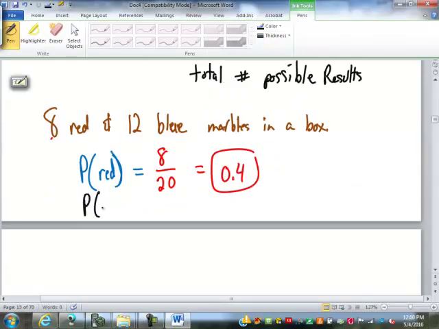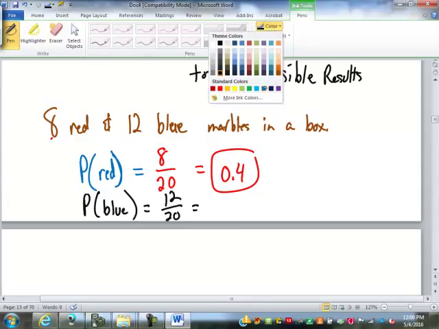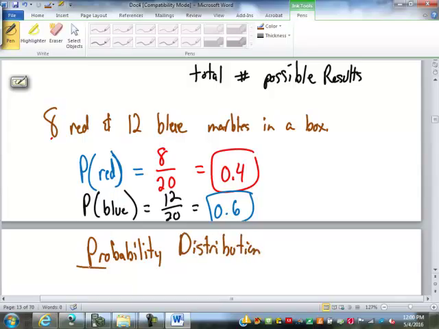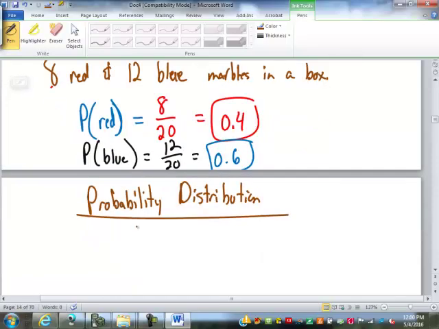What's the probability of drawing out a blue marble? Well, there are 12 blue out of 20. That divides out to be 0.6. What I've created here is what we call a probability distribution. A probability distribution must have 2 big conditions.